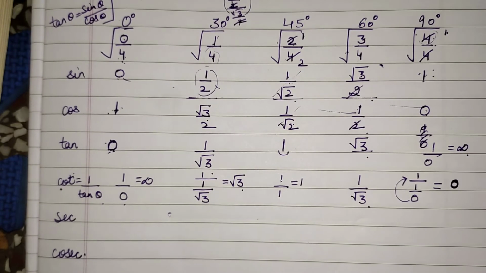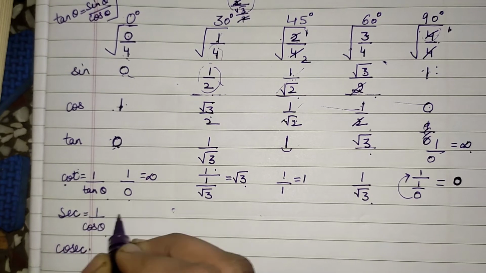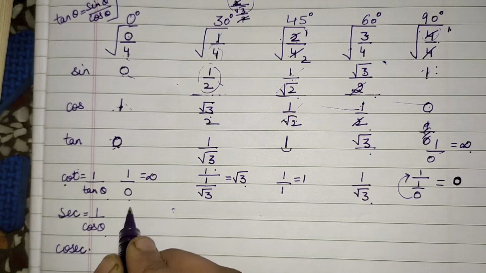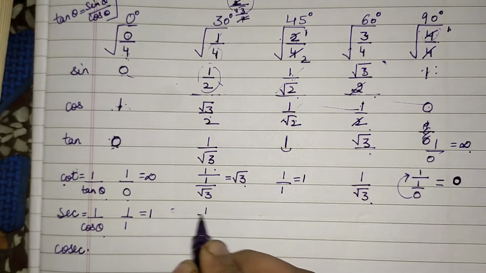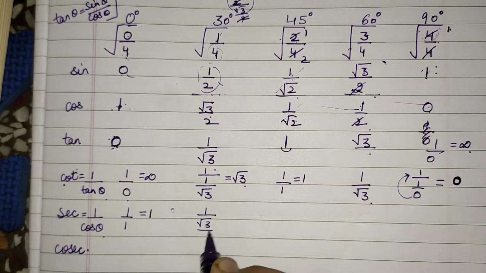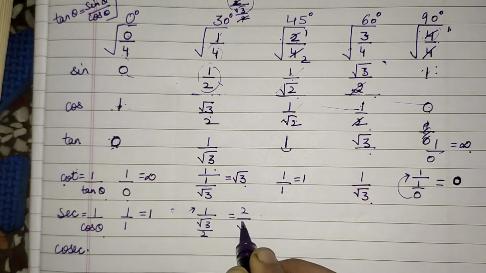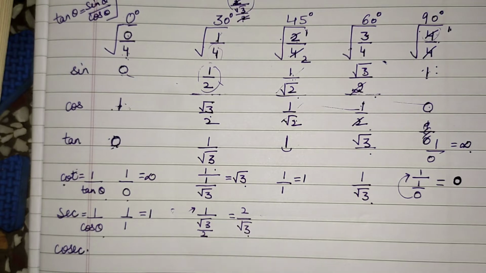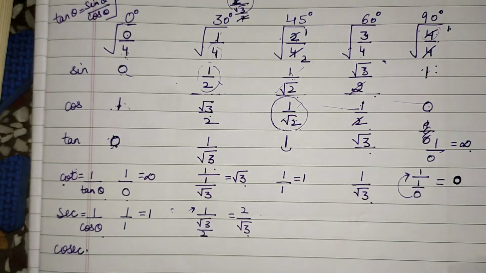Similarly, you know that secant theta is equal to 1 by cos theta. So cos theta is 1 here, and 1 by 1 is equal to 1. Then 1 by root 3 by 2, when this 2 goes to the upper side, will become 2 by root 3. This time I am picking the values of cos theta.